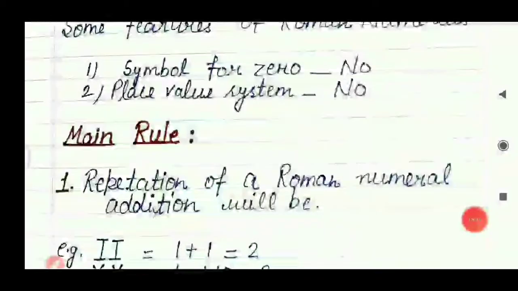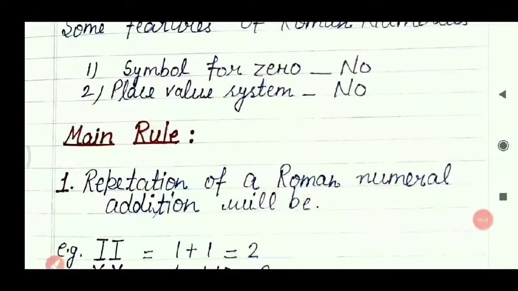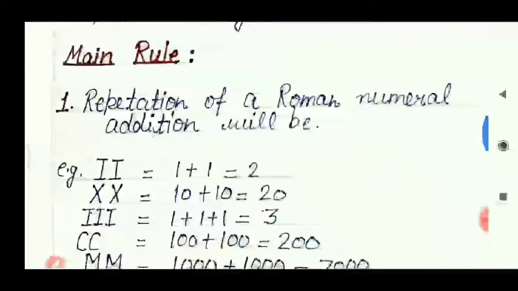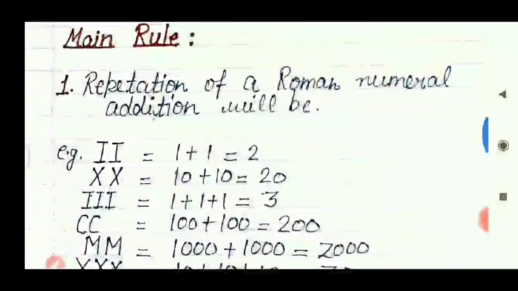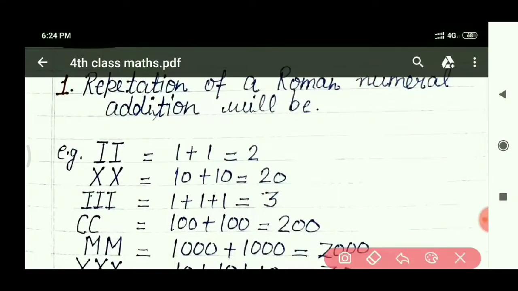Now here I have written some main rules also. As you can see here, see these main rules. By this you can understand properly. First is, what is given?